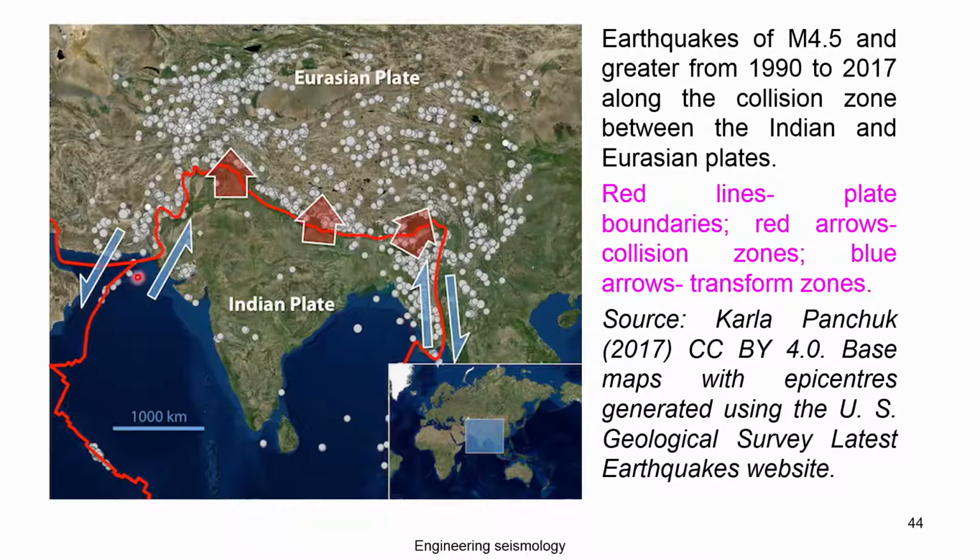On these two sides you can expect transform boundary behavior. Here the pushing, the active crust and subduction are taking place, and here the transform action is taking place. These three actions need to be modeled or accounted for when you do any hazard estimation in this region.